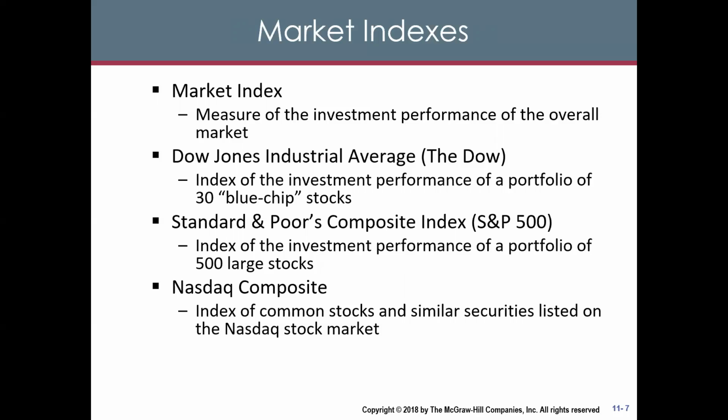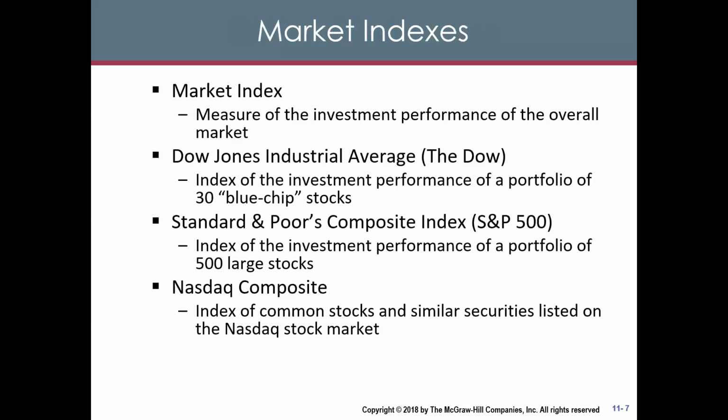This is an index composed of a portfolio of 500 large stocks. Instead of using 30 stocks, the portfolio has 500 stocks. But again, it's still a little bit biased towards big companies, since it's the 500 largest companies.